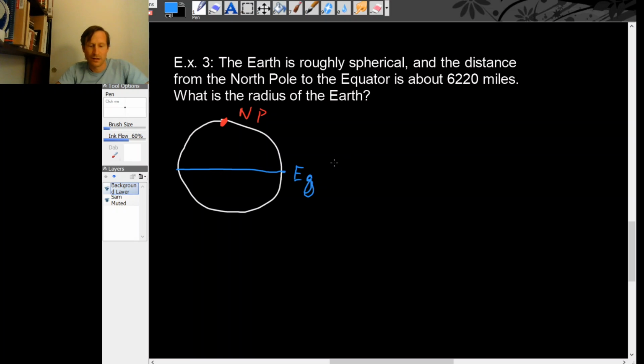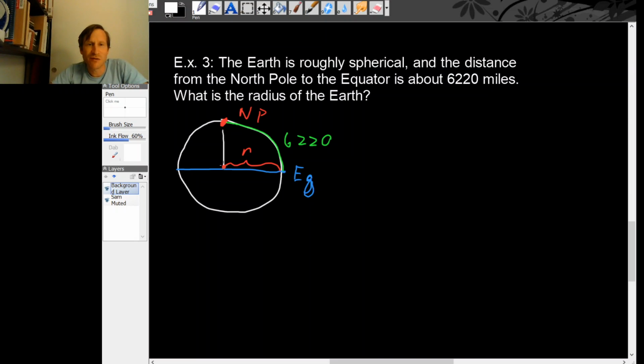And this distance along the surface of the Earth from the North Pole down to the equator, that's 6,220. Let's see, we should also draw the radius on this picture somewhere. So the radius of the Earth is right there. And we don't know it yet, so I'll call it R for radius. Okay.